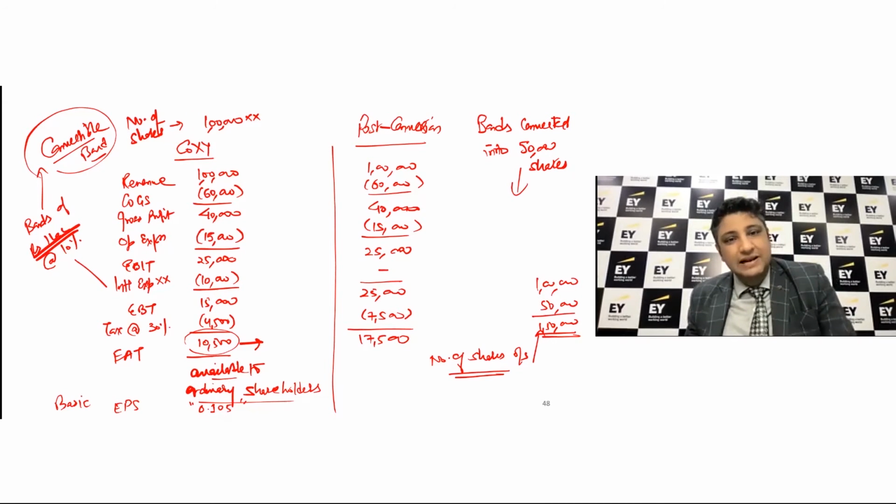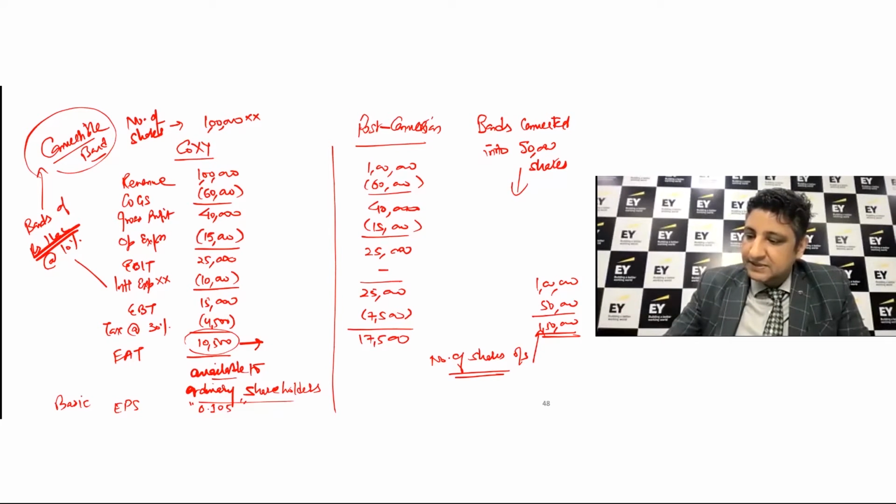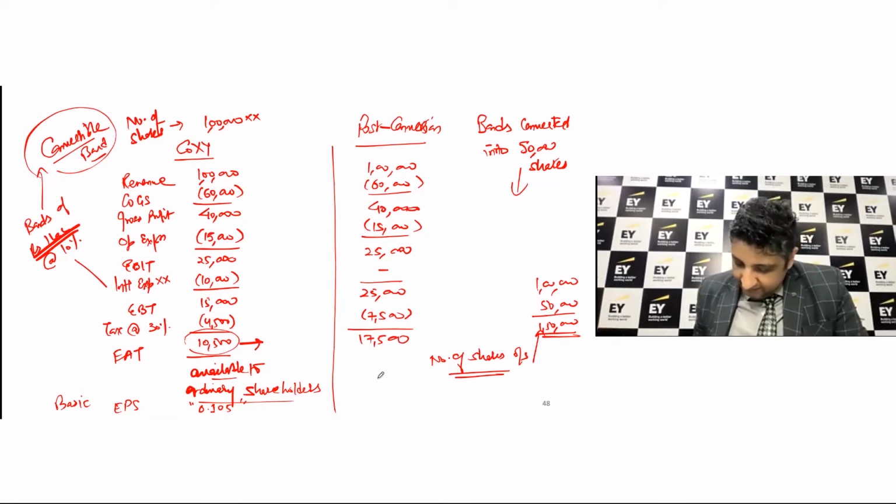And now your revised EPS, assuming that the conversion has taken place, will be 17,500 divided by 1,50,000. All right. So that becomes 0.117.